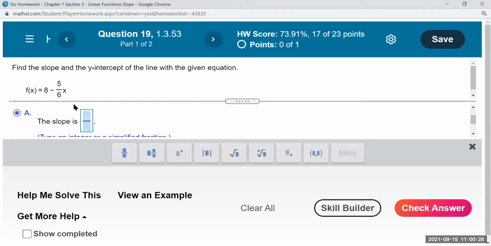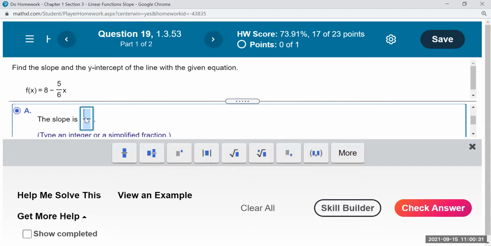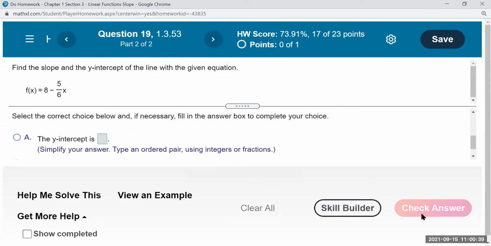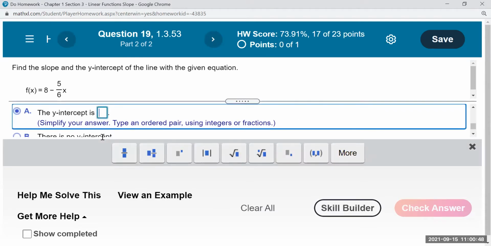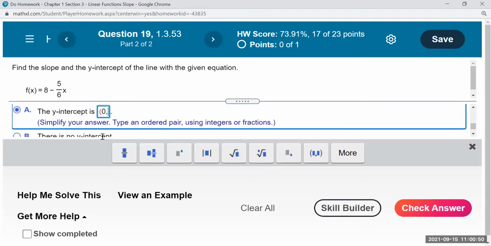Yeah, so it's -5 over 6. And the y-intercept as an ordered pair? 0, comma 8.